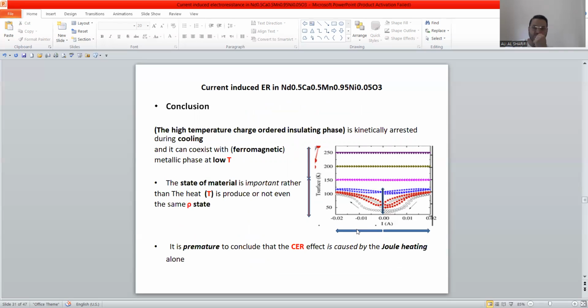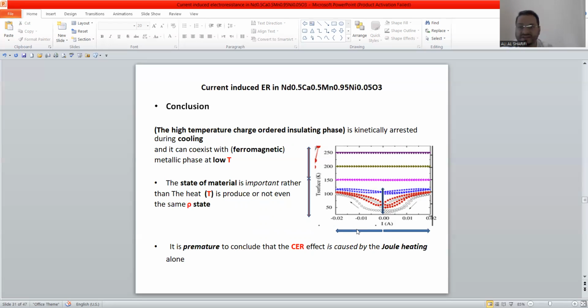Here is a small, simple conclusion: the high temperature charge-ordered isolating phase is kinetically arrested during cooling. It's another interpretation, another explanation to support the first idea that in the isolating state the temperature doesn't change, while in the metallic state the temperature changes.